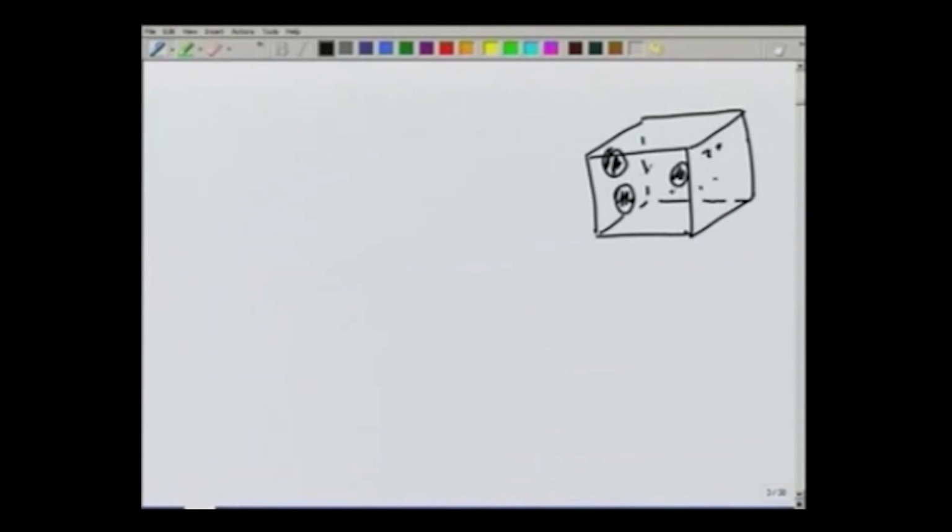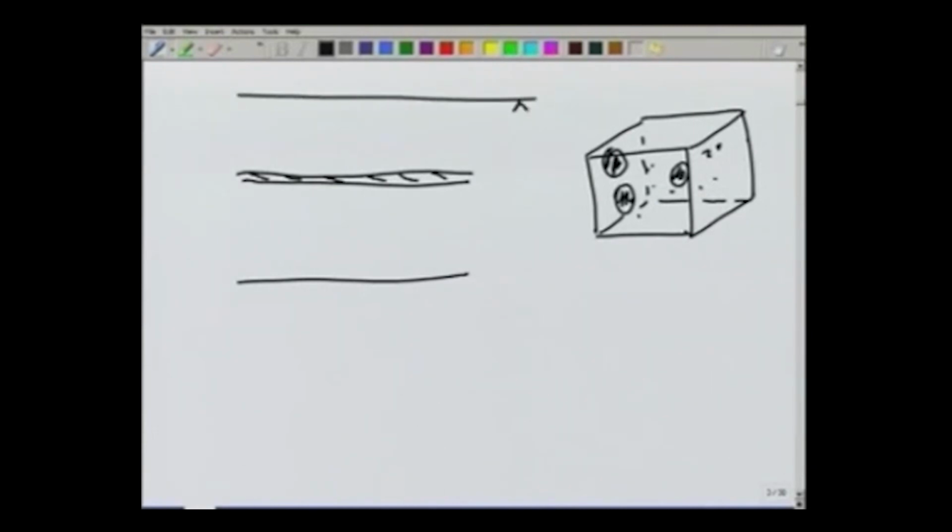We have already discussed that we will only consider saturated flow conditions. So, there is no air inside this. Now, this volume is subjected to some pressure, and we will start with the confined aquifer case, because that is easier to derive.